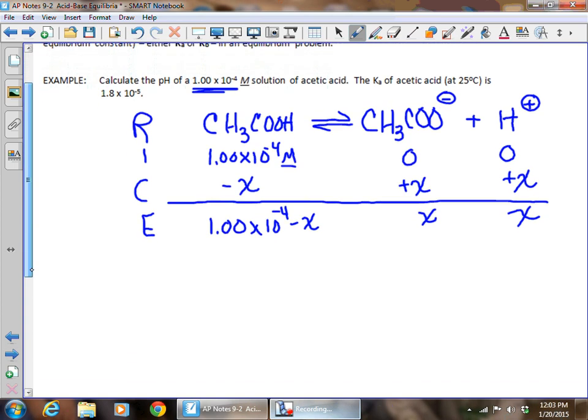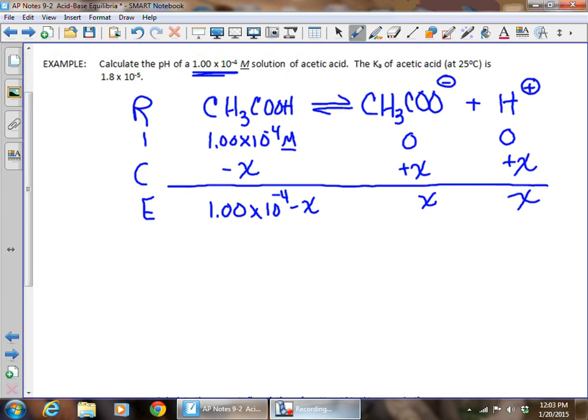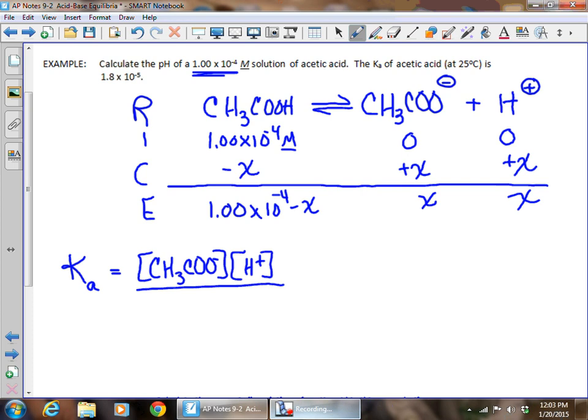So now we can write our equilibrium expression. We know that our Ka, the equilibrium constant for an acid, is equal to the concentration of CH3COO minus times the concentration of the hydrogen ion divided by the concentration of CH3COOH. And it gave us the Ka as 1.8 times 10 to the minus fifth.